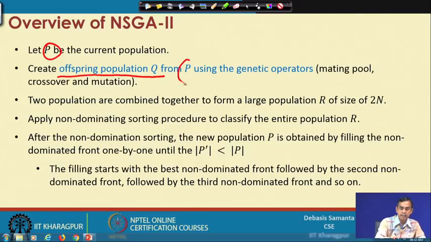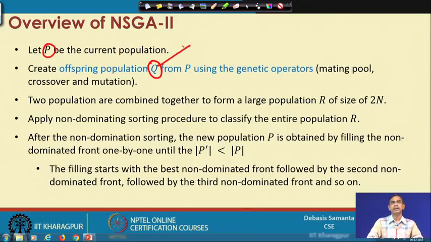That means considering P and whatever methods are known to us in the simple genetic algorithm, that is, how to create the mating pool, crossover and mutation, from the set P we can derive another set Q. Basically Q is the next generation, generated from the current generation P based on the usual reproduction techniques.